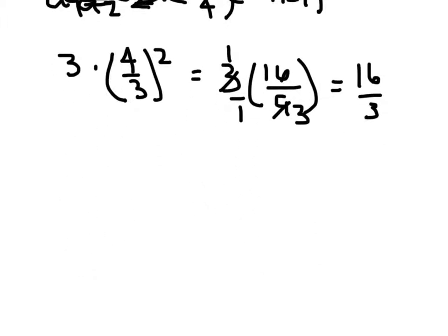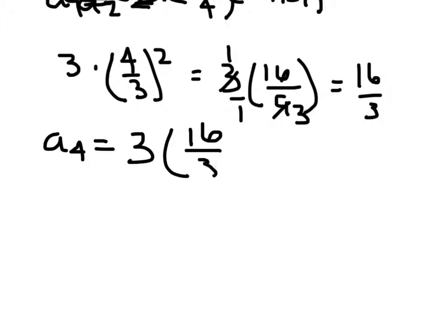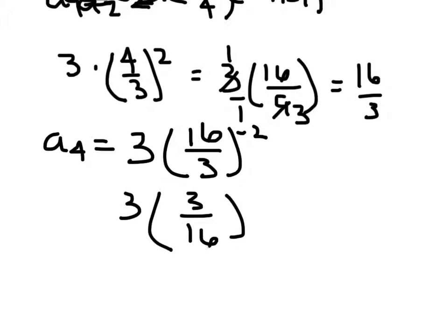To find the value of the fourth term, according to the rule, I'm going to take 3, multiply it by the value of the previous term to the power of negative 2. So I have 3, and now I'm going to take that fraction and turn it upside down to make the exponent positive.